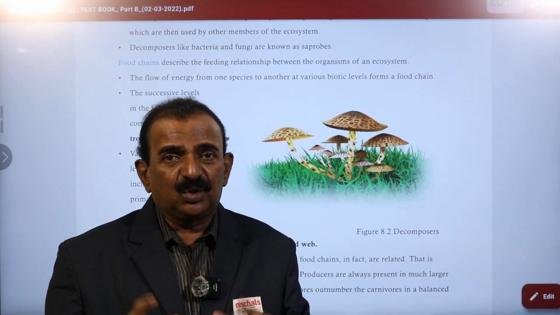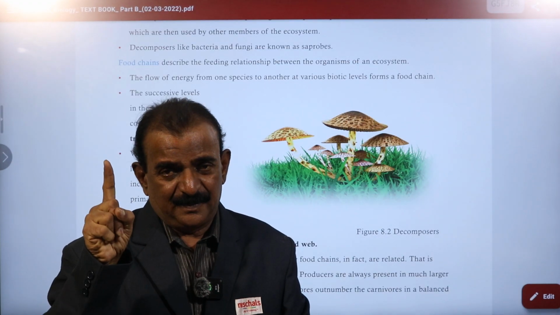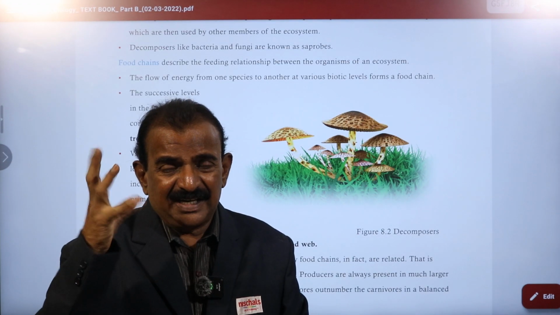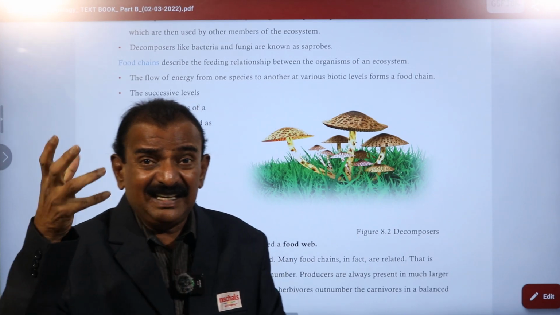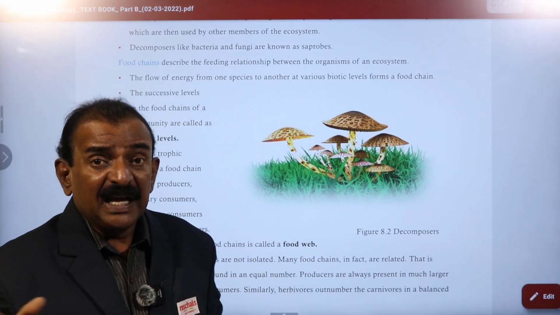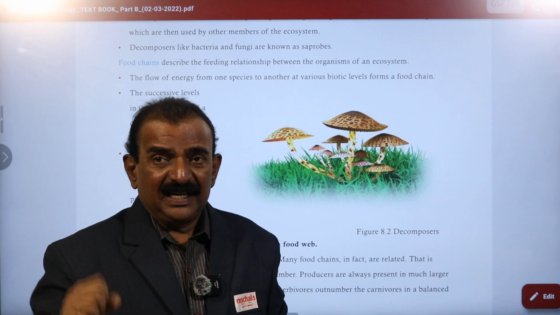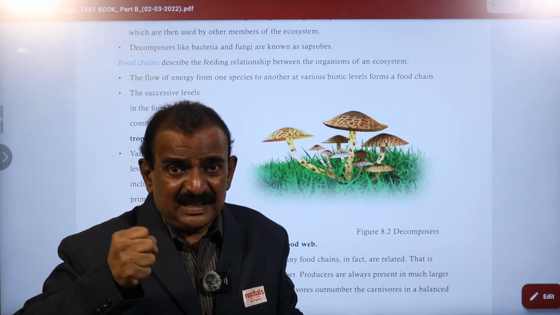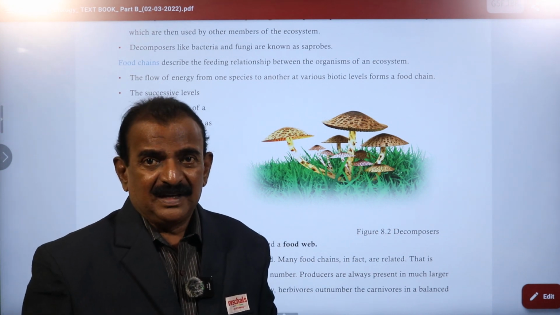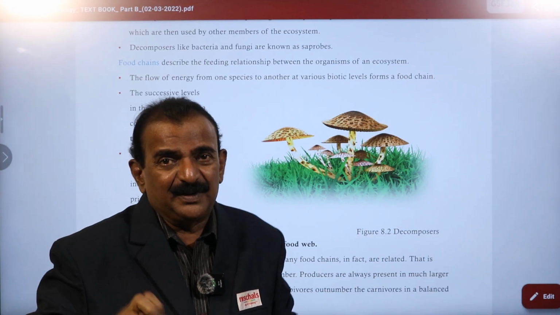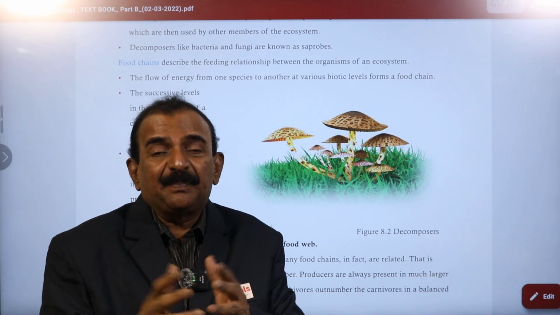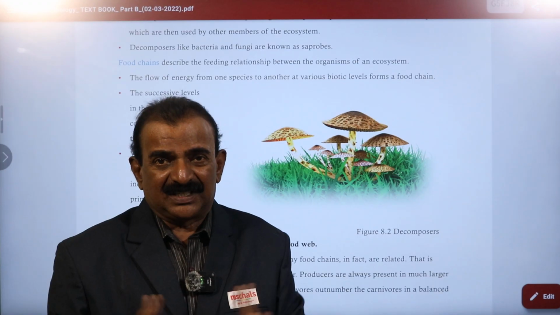The main source of energy is the sun. The sun gives radiation, and the sun has photons, energy particles, which are used by plants. Plants have chloroplasts with chlorophylls, and they prepare food by means of photosynthesis.